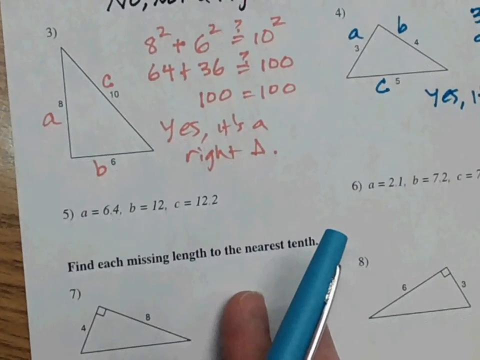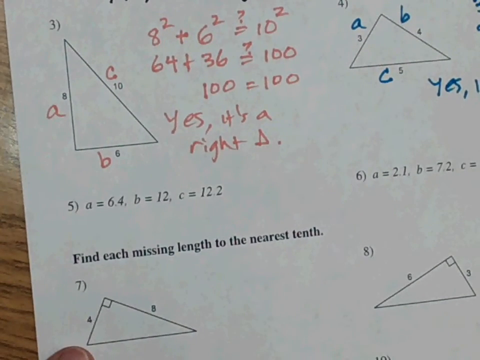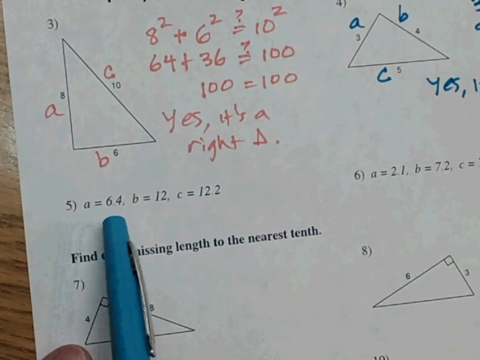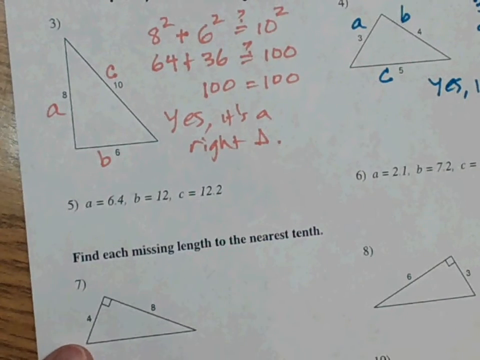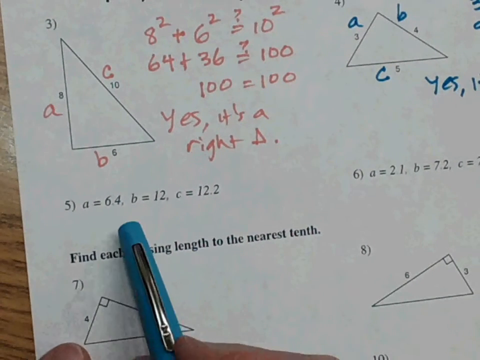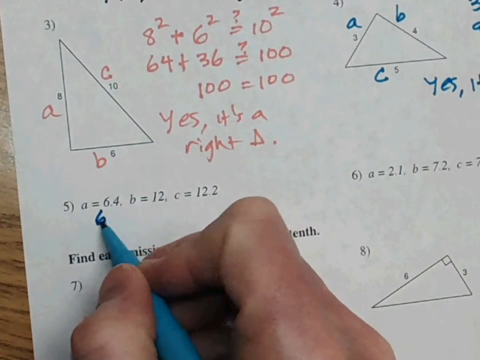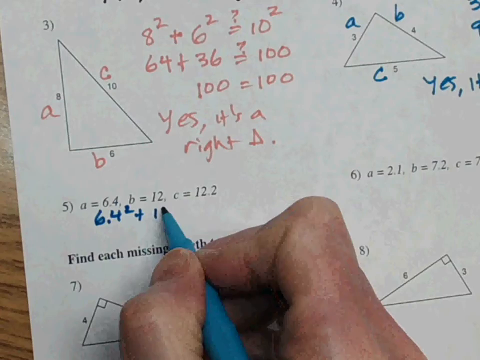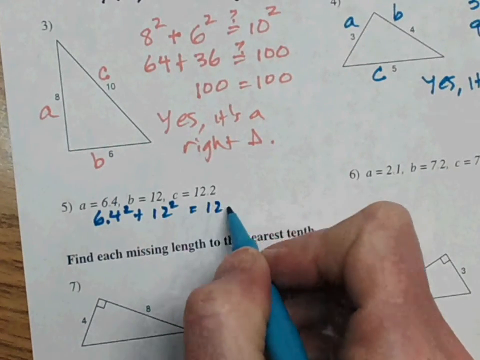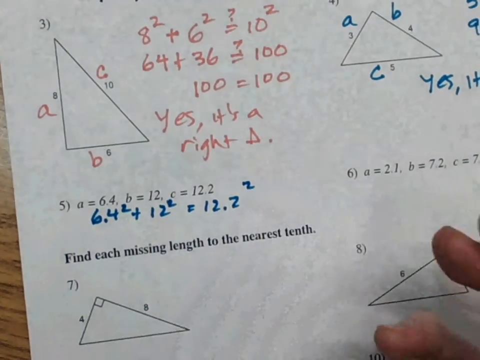Now, here we have A, B, C. They've already identified them for us. So 6.4 squared plus 12 squared equals 12.2 squared, or does it?